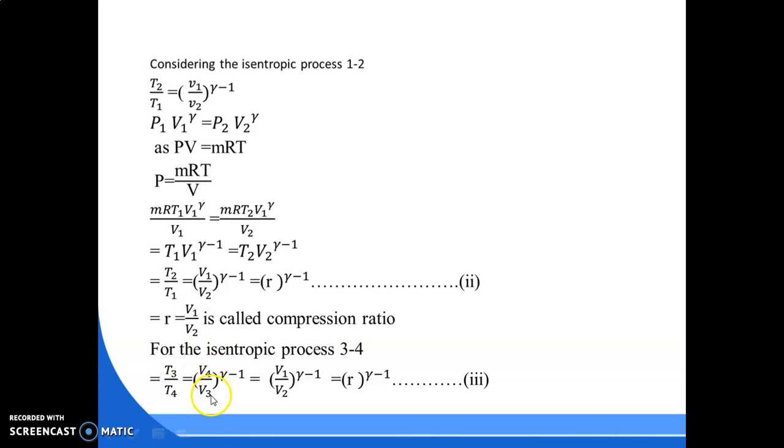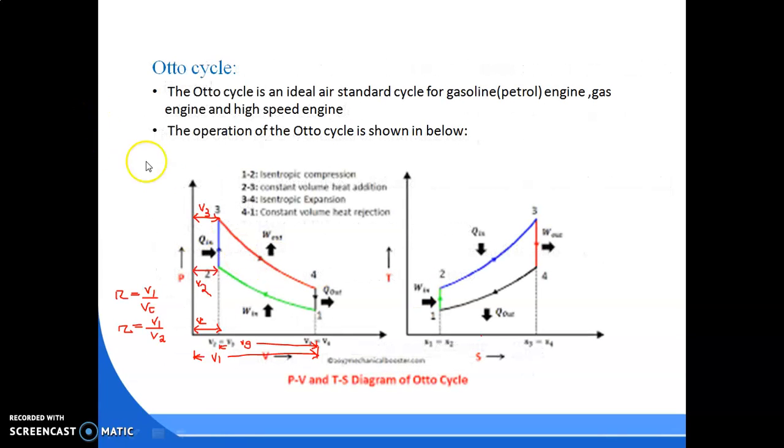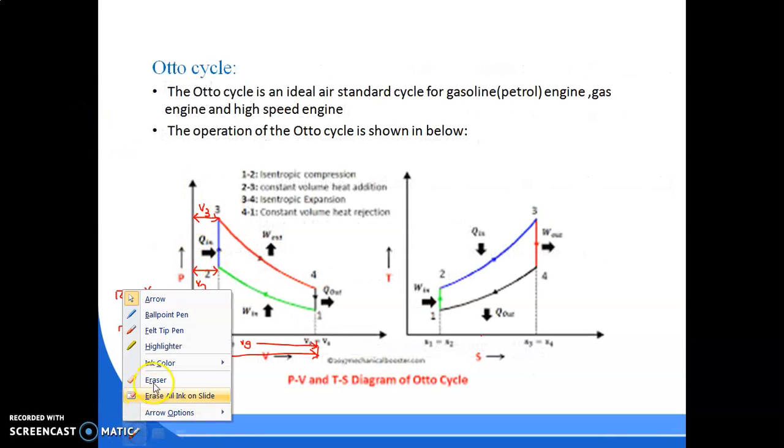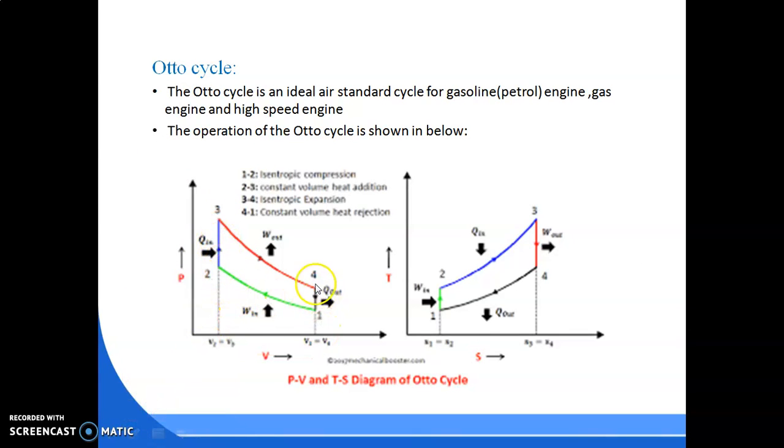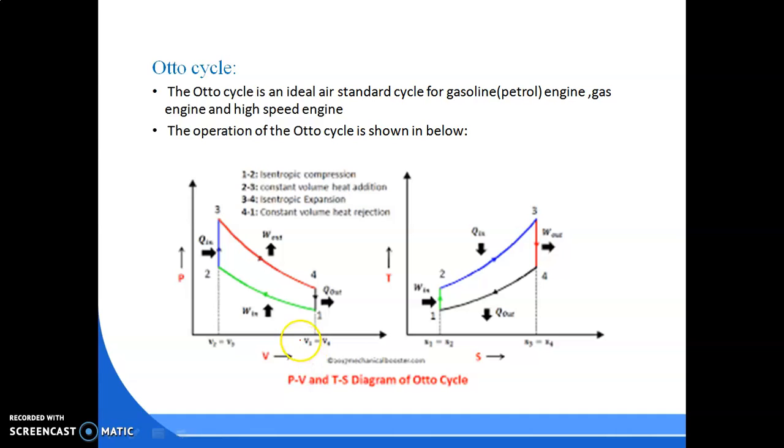Now the 4 to 1 process is a constant volume process, so I can write V1 is equal to V4, because 4 to 1 is a constant volume process.